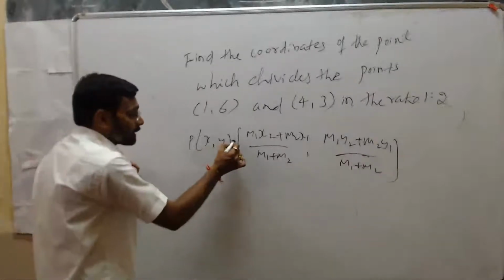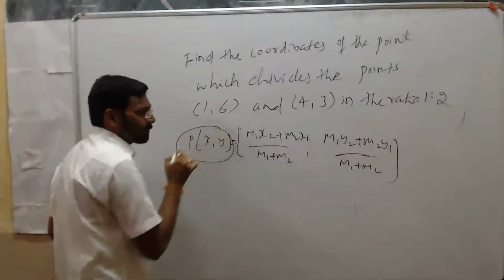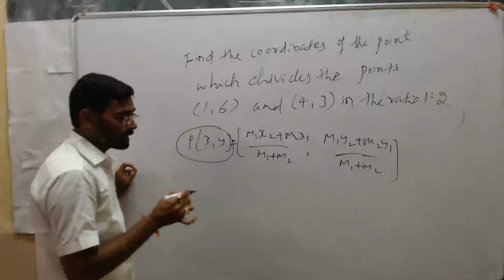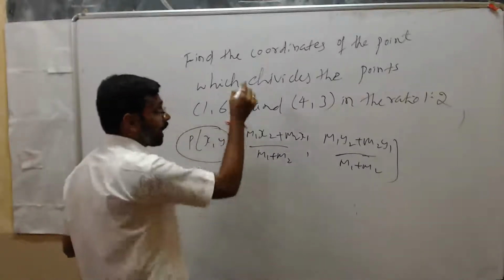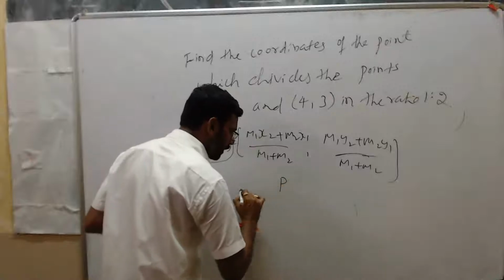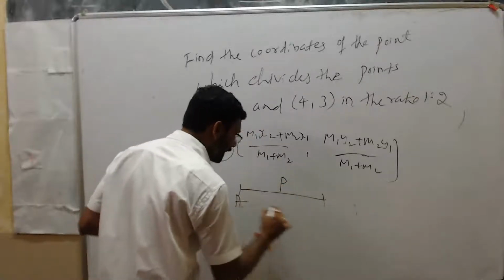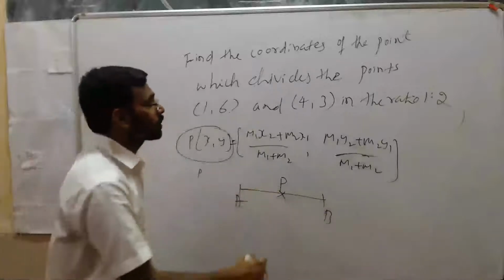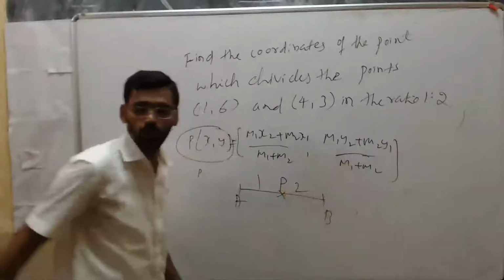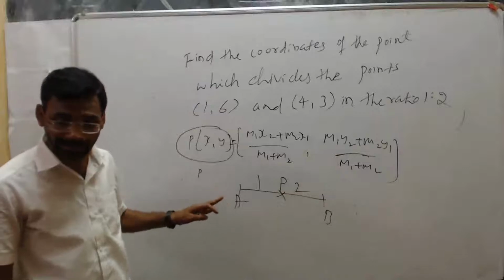Here, the point P will divide the line segment. Keep in mind, students, what this P point indicates. The point P will divide the line segment AB in what ratio? 1 is to 2.